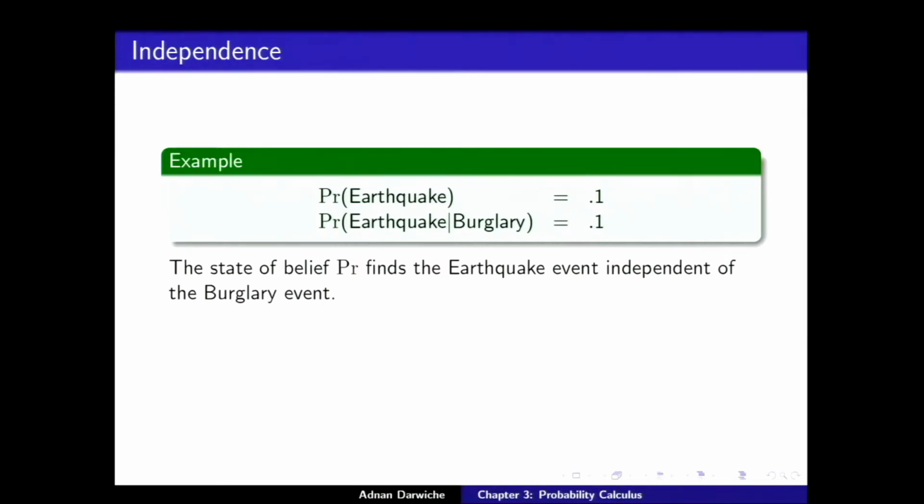What makes it particularly interesting and at the heart of a lot of what we're going to do is two things. One, if you have independence information, it's extremely valuable on many fronts.